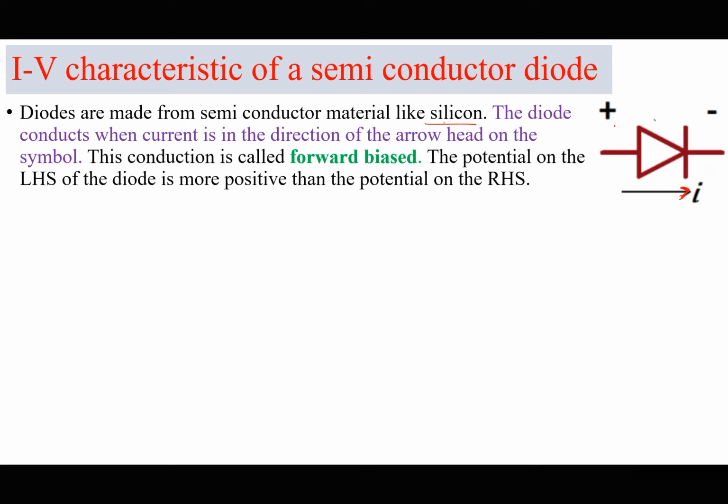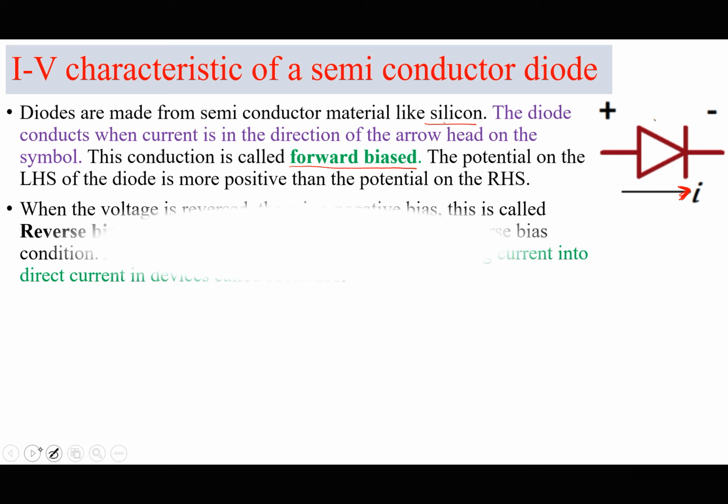So it means the positive end must be connected to the positive terminal of the battery because current flows from positive to negative. So we say this conduction is forward biased. The potential on the left-hand side of the diode is more positive than that on the right-hand side of the diode.